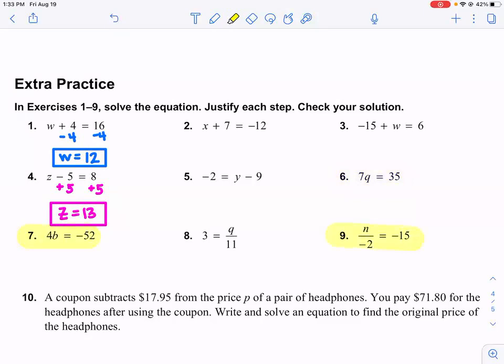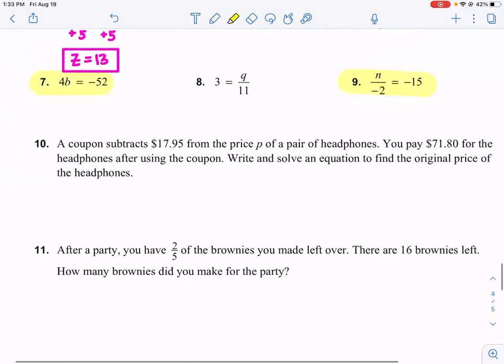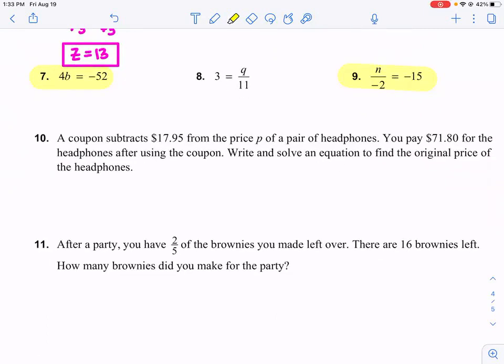Somebody did read my mind. 7 and 9. You have 1 minute to do them with your neighbor.